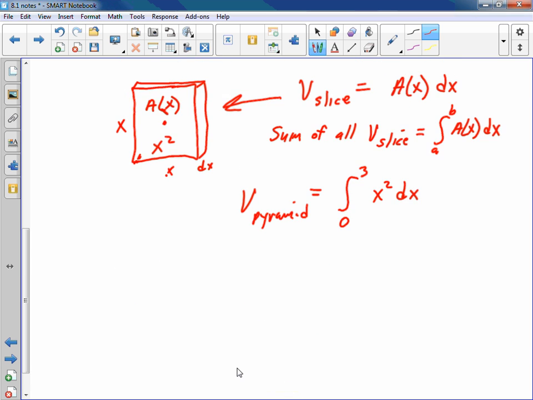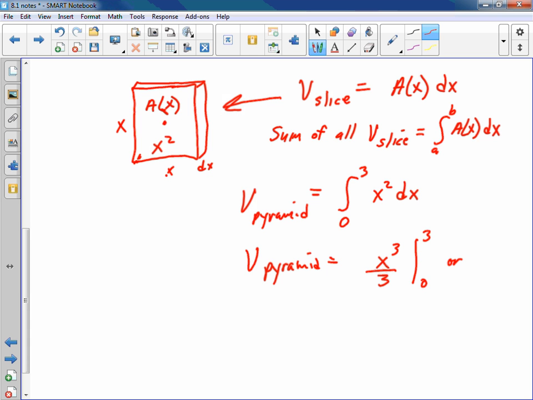Okay, so now the volume of the pyramid equals, all right, let's do our integral, our definite integral. What do we got? X cubed divided by 3, evaluated from 0 to 3.